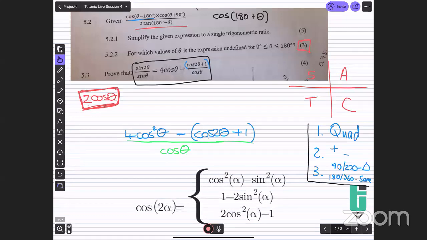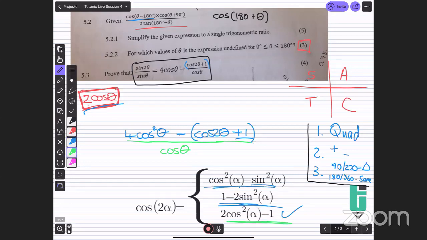There's 3 possibilities. But I'm going to choose this one. Why? Well, firstly, it will cancel the 1, but also because my answer is cos. So I don't want to have sine. It makes more sense to keep it with the cos. Keep it cos. So what's cos 2 theta minus 1?